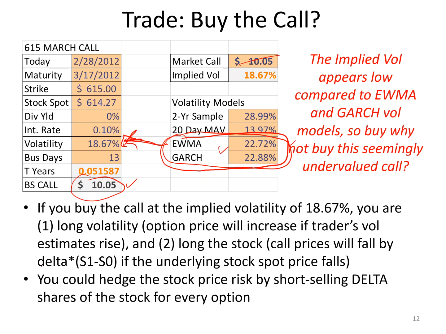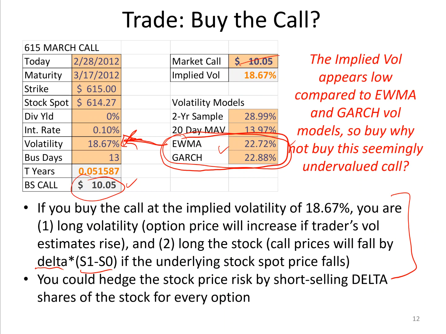How much am I exposed to? Well, if I take my delta times the change in stock price, that tells me how much the option price will change based on changes in the underlying. So that's the problem with my speculating on volatility. However, to deal with that second problem of having exposure to the stock, I'm going to hedge out the stock price risk by taking a position in delta shares.